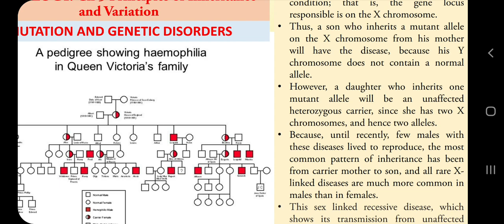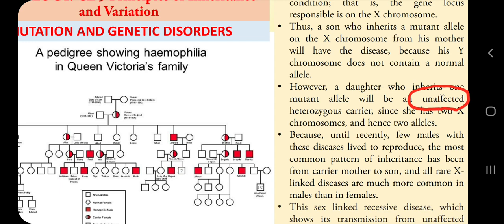Now, however, a daughter who inherits one mutant allele will be unaffected. It means carrier. Why unaffected? Because she will be a heterozygote and this gene is recessive.